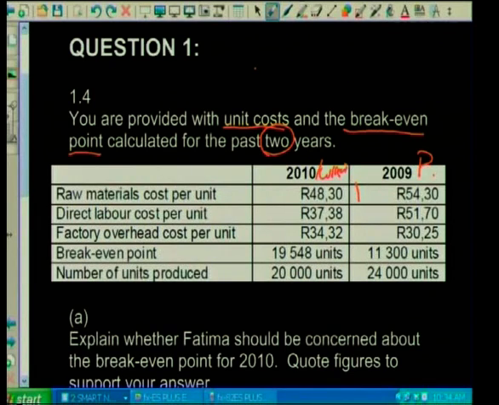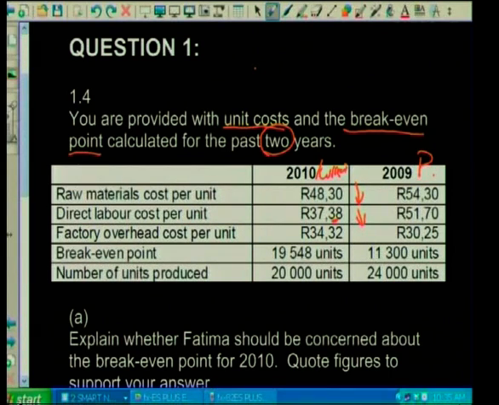It has now decreased to 48 Rand and 30 cents. Direct labor cost per unit was 51 Rand 70 cents, and we notice it has also dropped, to 37 Rand 38 cents.